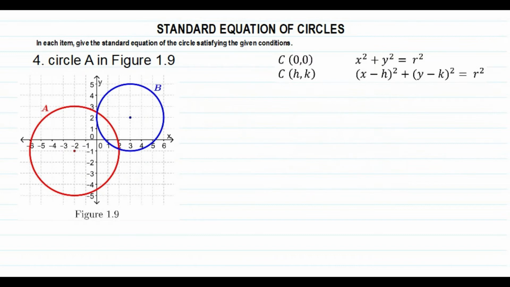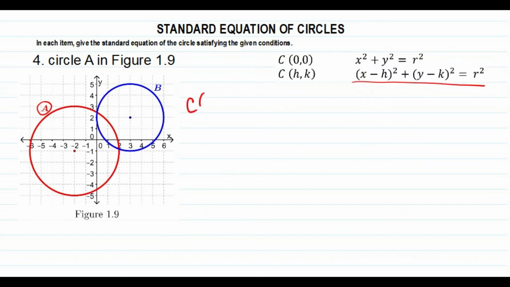Now, let's have the fourth example. Circle A in figure 1.9. Since this is figure 1.9, let's take a look at circle A. I will use red this time. So, is the point located at the origin? No, since it's not, therefore, ito ulit yung gagamitin natin. Ganun lang kadali. And get the details first.